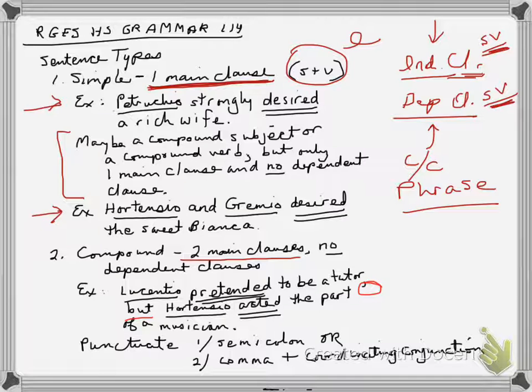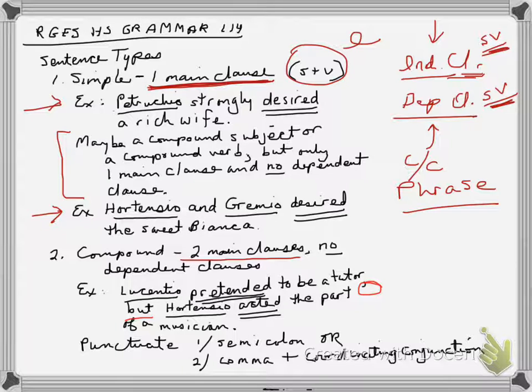We might have commas for other reasons, like lists or 2 adjectives, which we'll talk about later, but no comma between the major parts of a sentence, in other words, between independent clauses or dependent clauses.